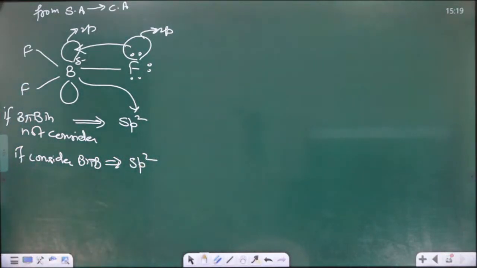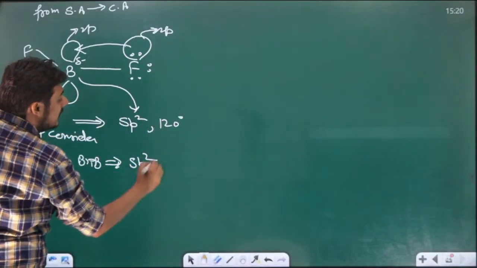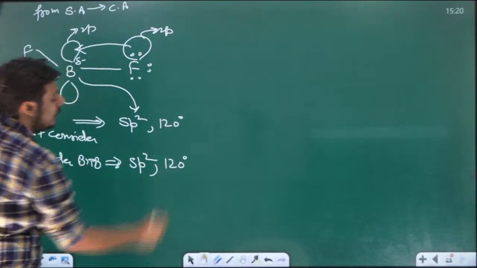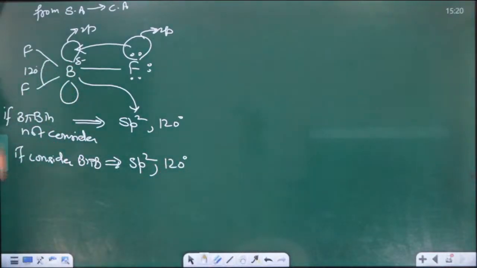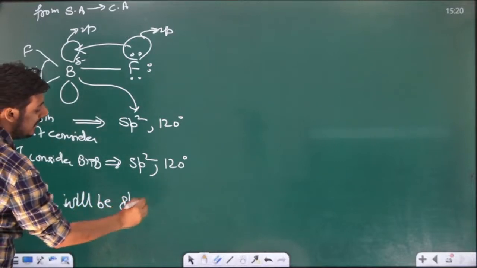There is no change in hybridization because 2p is involved in pi bond formation. Another key thing I can say is that if I did not consider back pi bonding, the bond angle was 120 degrees, and after considering the back pi bonding also we have 120 degree bond angle. The only difference that back pi bonding will make is that bond length will be shorter because of back pi bonding.